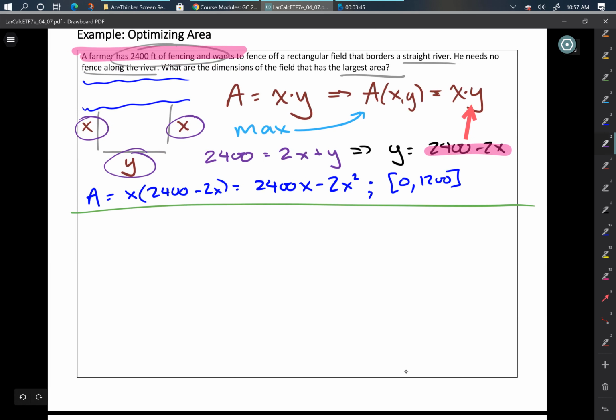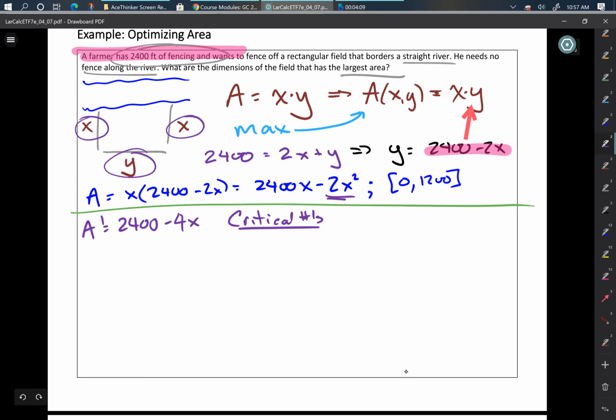So I need critical numbers. So what's A prime? Well, A prime is 2,400 minus 2x. I'm sorry, 4x. Oops, almost made a mistake there. I took a derivative. And if that's A prime, then what are our critical numbers?